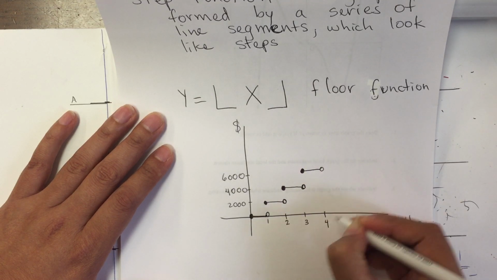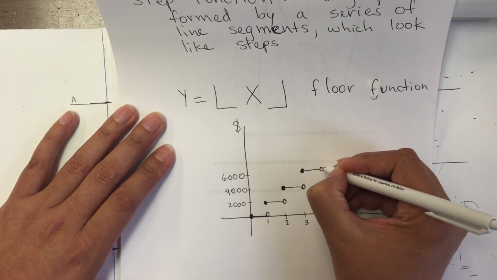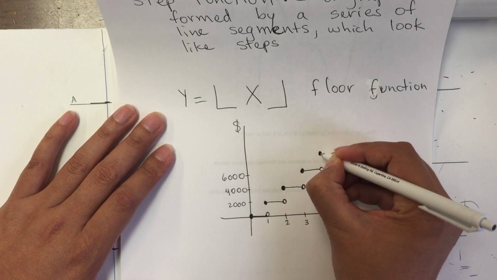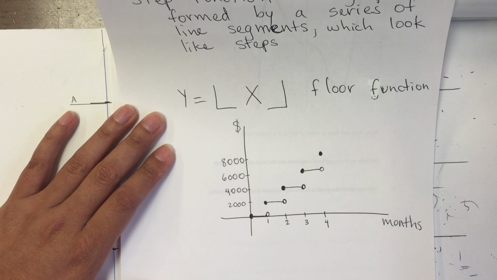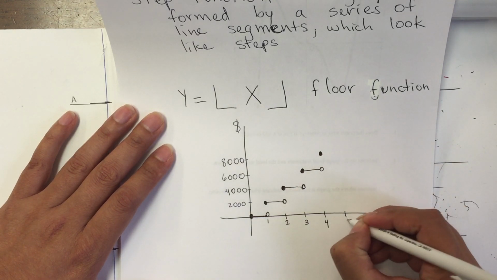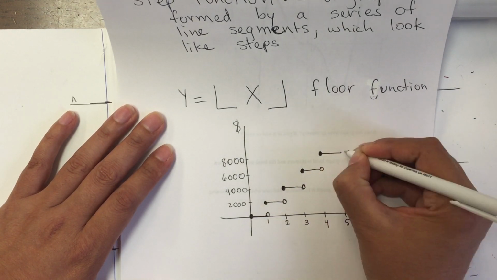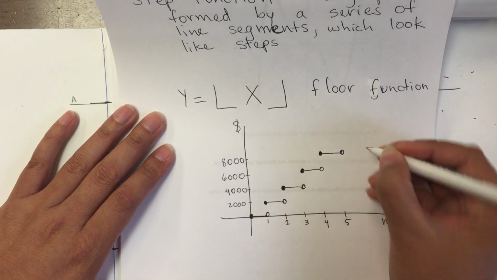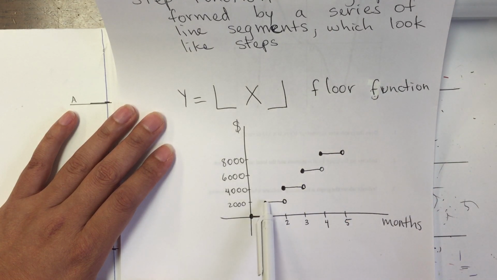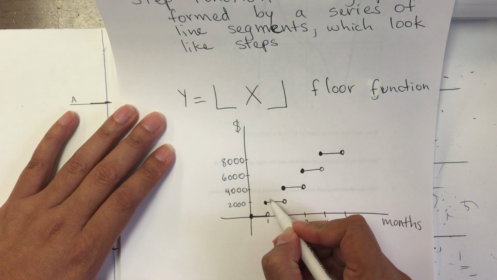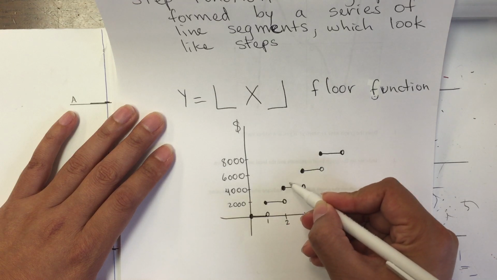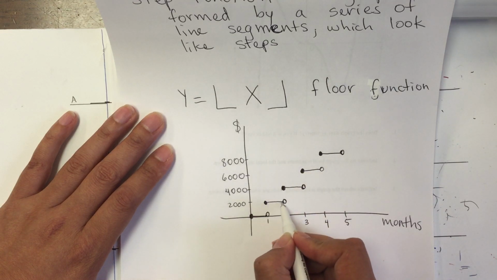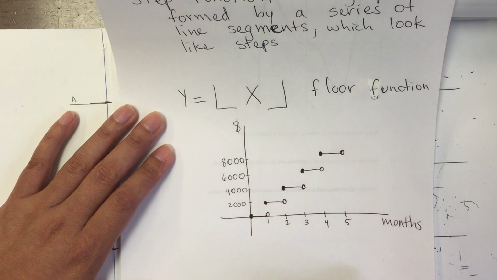But again comes the next month and you have to make the new payment to make it $8,000. Okay, and so this is what is called a step function, meaning that you make the payment and it's good for the rest of the month. You don't keep paying each day, right? You don't get to the next month and continue to make payments, but rather it's good for the whole month and then it goes to the next.